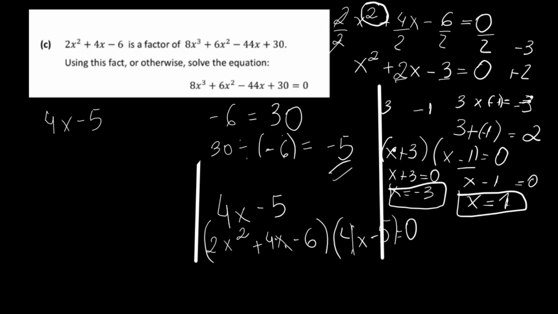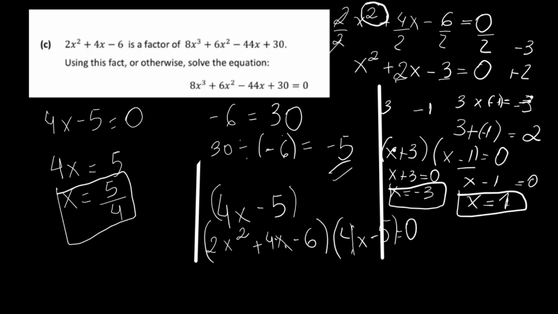So we put 4x minus 5 equal to 0. We add 5 to both sides, so 4x is equal to 5, so x is equal to 5 over 4. That's our third solution.